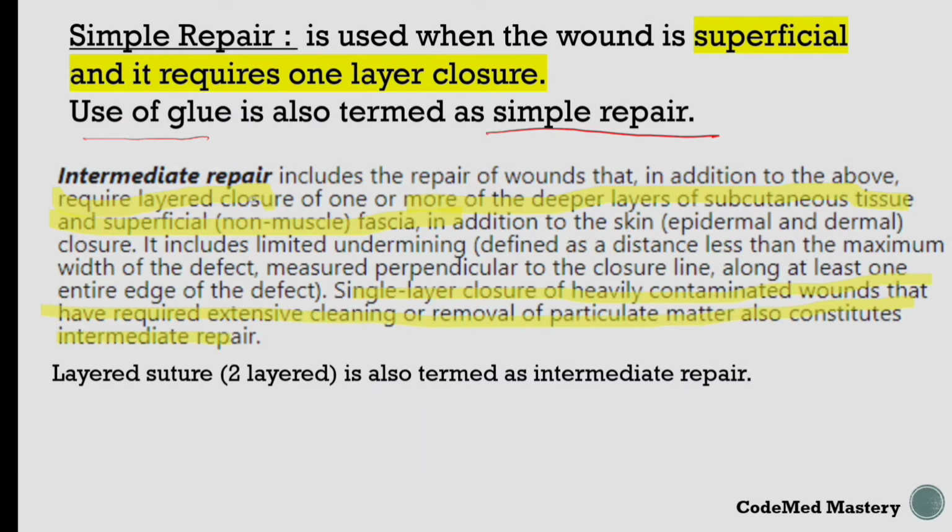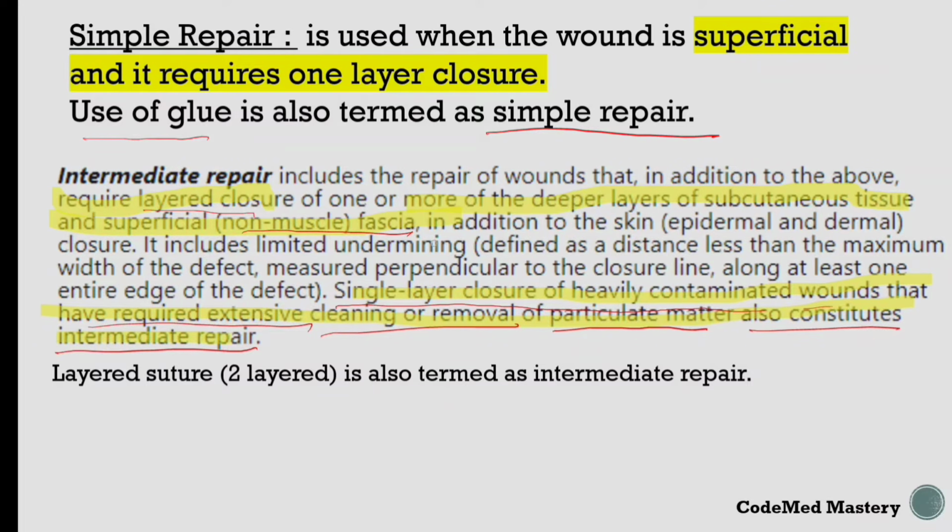Next, let us check intermediate repair. Intermediate repair requires layered closure of one or more of the deeper layers of subcutaneous tissue and superficial non-muscle fascia. Also, single layer closure of heavily contaminated wounds that have required extensive cleaning or removal of particulate matter also constitutes intermediate repair.